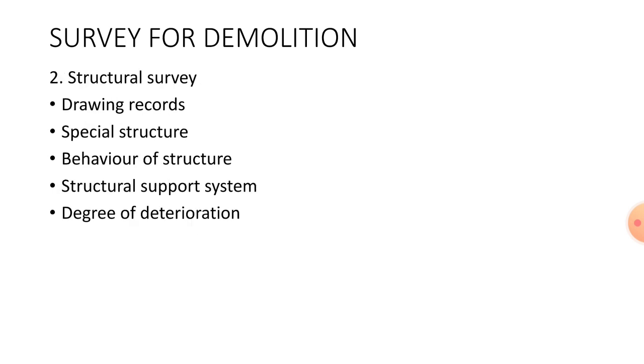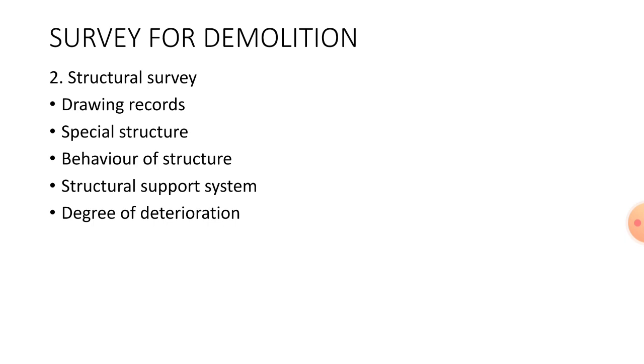And the second type of survey is the structural survey. Drawing records of the structural survey should be known, which means you should have proper reinforcement details, such as whether you are using 16 or 25 steel or some other type of steel. That should be properly maintained and the record should be known, right?